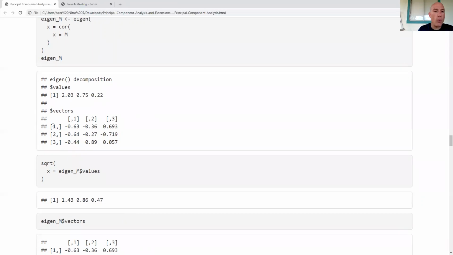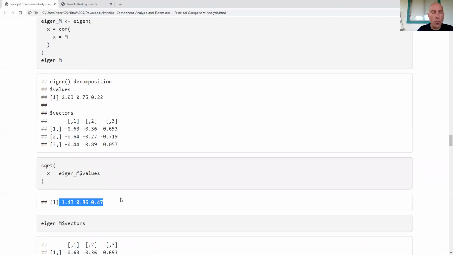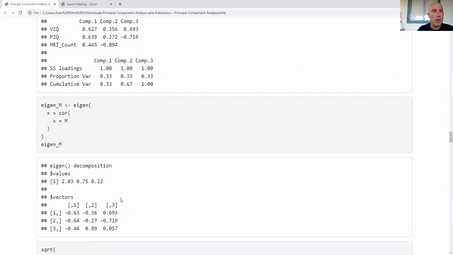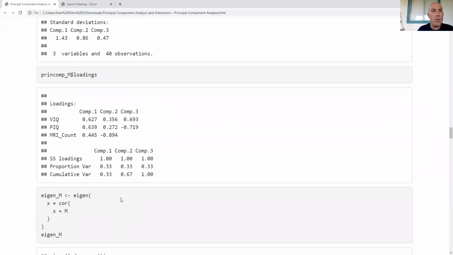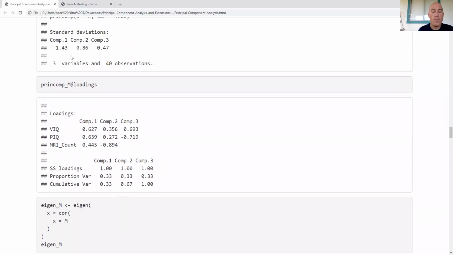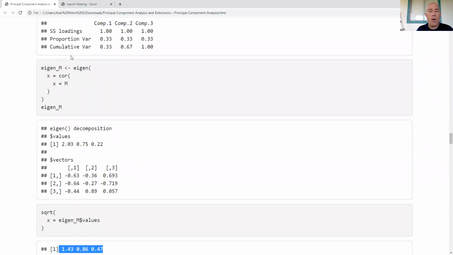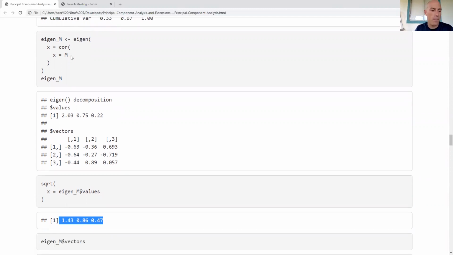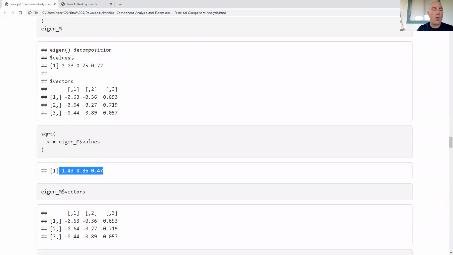Now, if I take the square root of these values, 1.43, 0.86, 0.47, you'll notice that's the same values I have up here. So if I wanted to, I could manually compute this using eigenvalues, or I could just let the function do it itself, which is the better way. And here I get those vectors again.